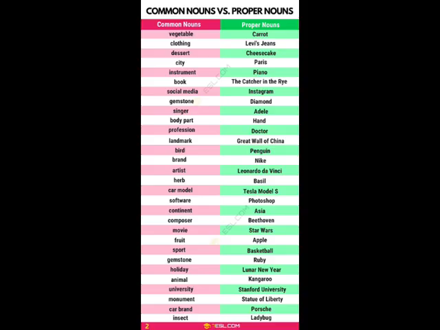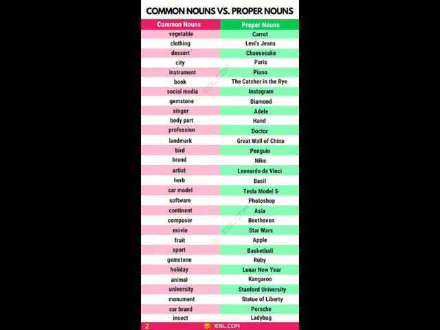As I said earlier, a concrete noun is divided into four. So here are two examples of a concrete noun. So the first one is a common noun, and the second one is a proper noun. So common nouns are a collective name for a given thing. And proper nouns are specific to a given thing.